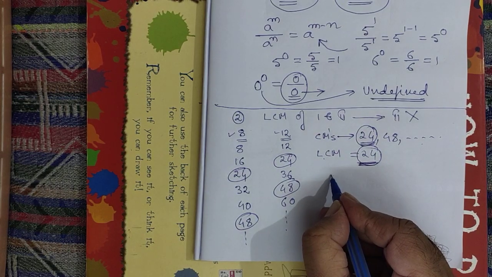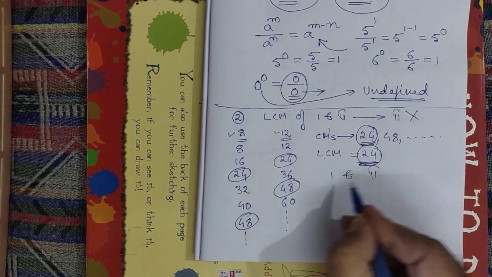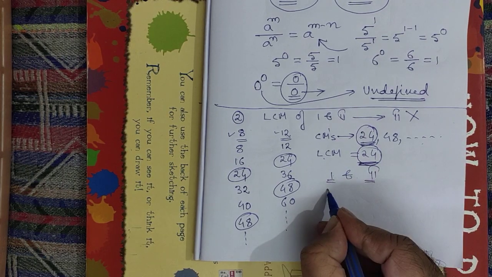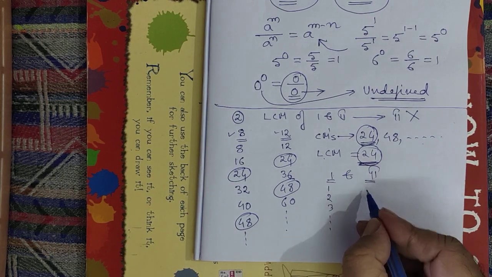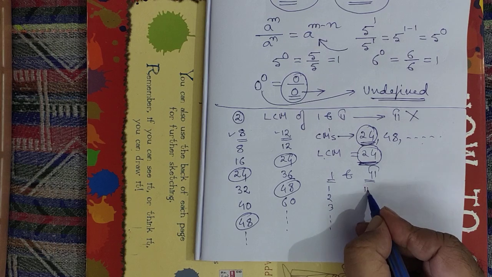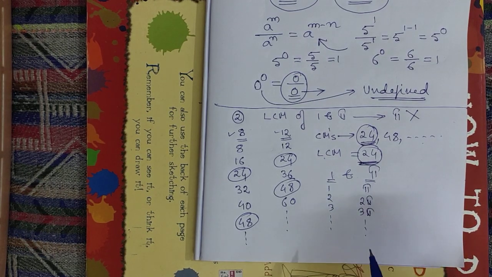Now, if I come to 1 and pi, if I write multiples of 1, you would write 1, 2, 3. In this way it will go. Similarly, multiples of pi will be pi, 2 pi, 3 pi. In this way it will go.